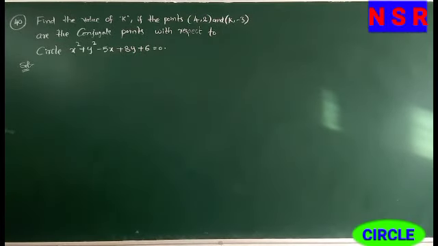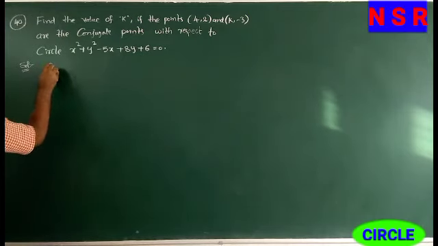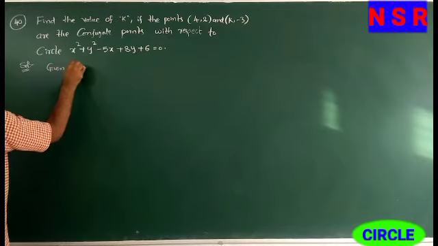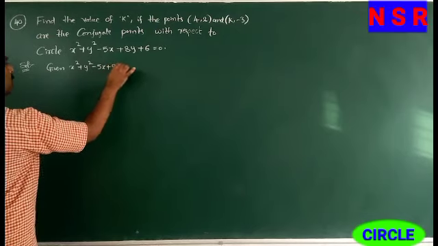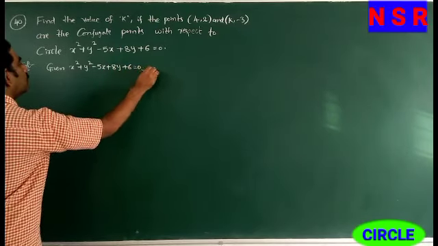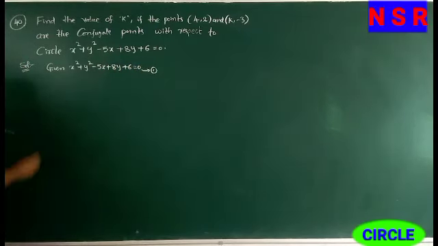So next, question number 40: find the value of k if the given points are conjugate points with respect to the circle x² + y² - 5x + 8y + 6 = 0. Take it as equation number 1.